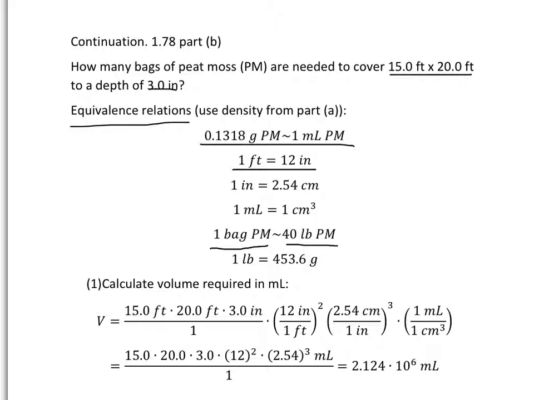And I also know that 1 inch equals 2.54 centimeters. And this is one that should go without saying, but a milliliter is the same thing as a cubic centimeter. I'll write that as a formal conversion factor. And finally, the conversion between pounds and grams. I can do the problem just using this particular set of equivalence relations.